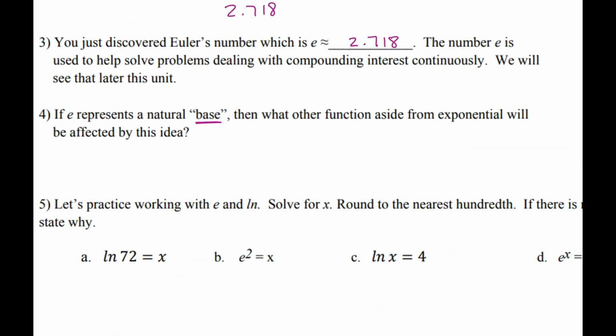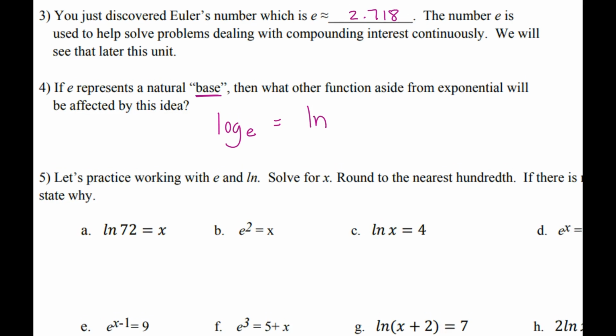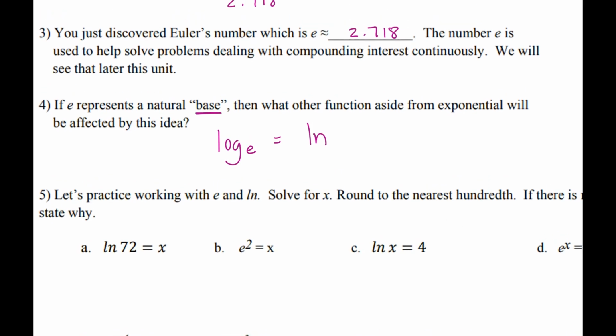And actually, log of base E can be denoted as ln. And this is termed the natural base because E is the natural base, therefore the log of E is called the natural log.